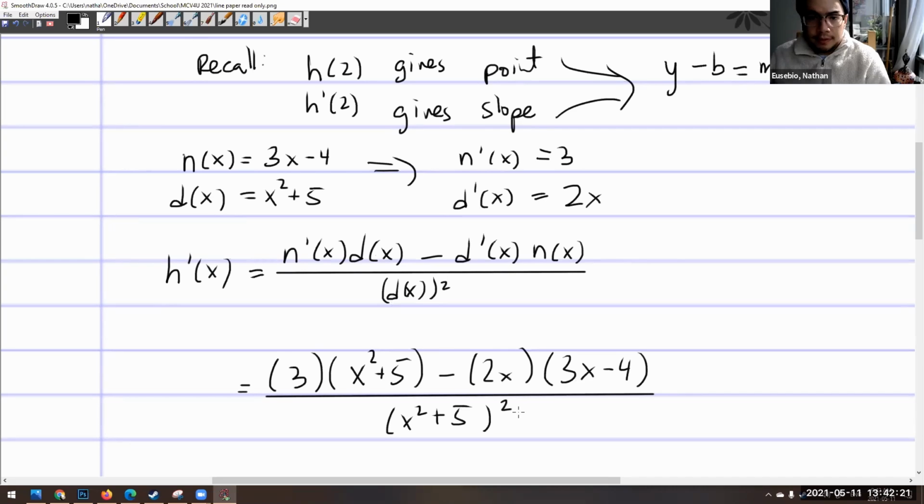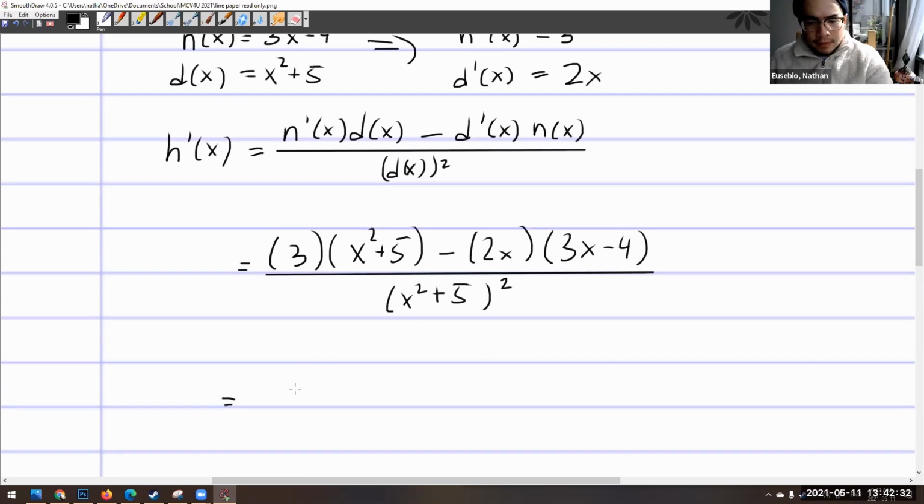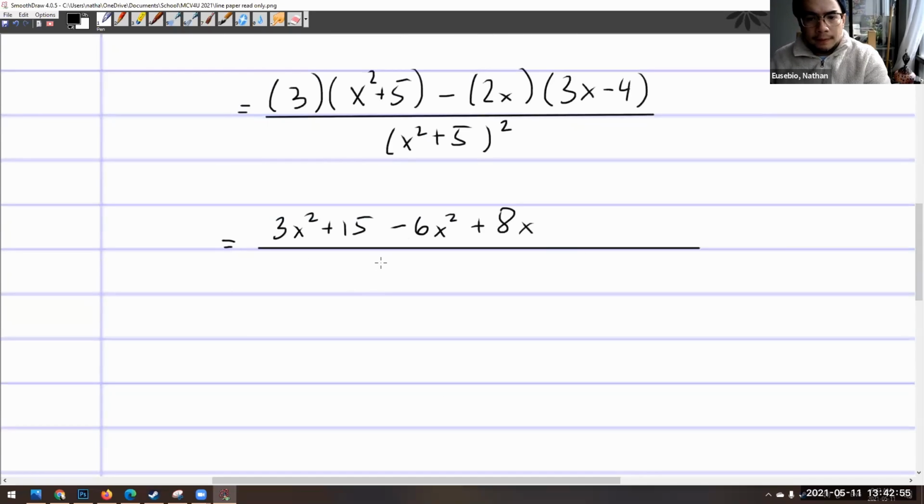Okay, and now let's simplify. We could either simplify now or plug in a 2 when we feel like it. I kind of want to simplify just for fun. So the numerator is going to be 3x squared plus 15 minus 6x squared plus 8x, over. I'm not going to simplify the denominator here, because I'm thinking long term.